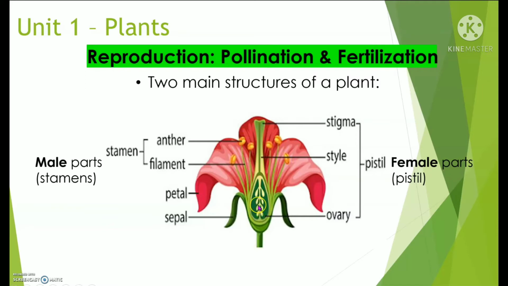This is the ovules. And we have the style here. The top one is called the stigma. So the female part is called pistil and the male part is called stamens. Now let's move on.